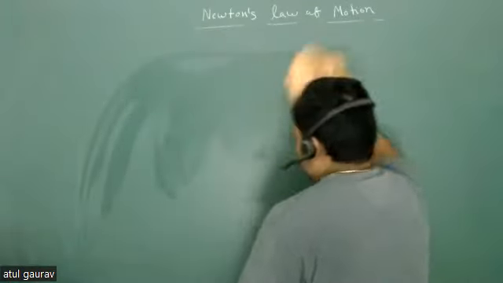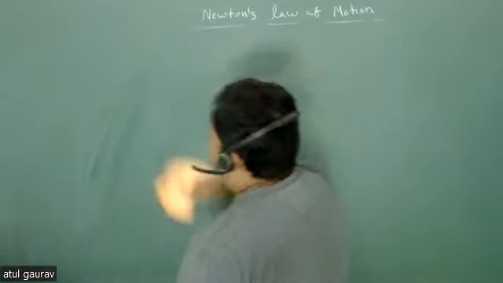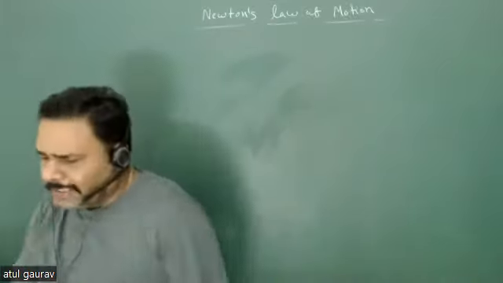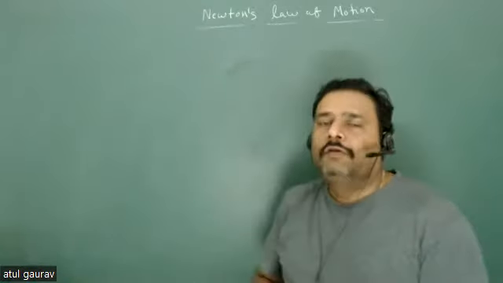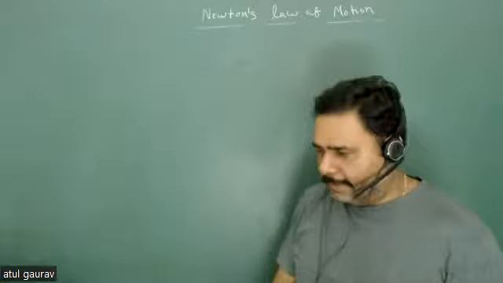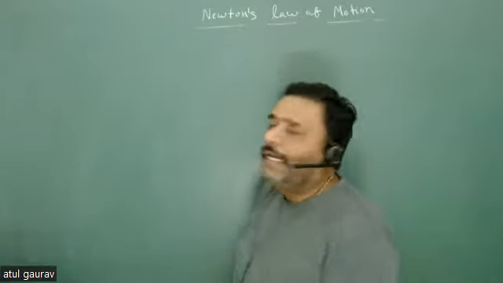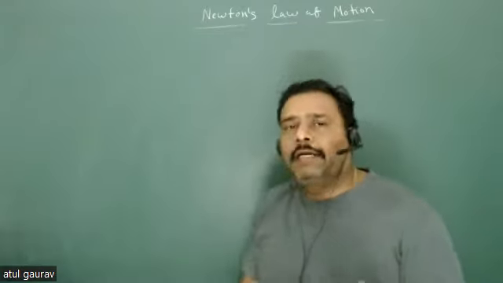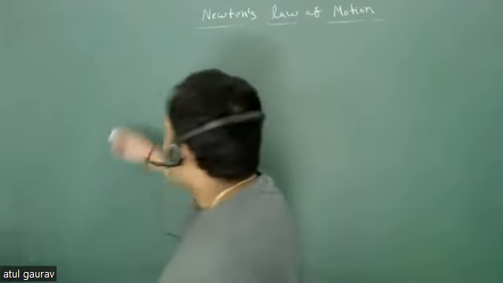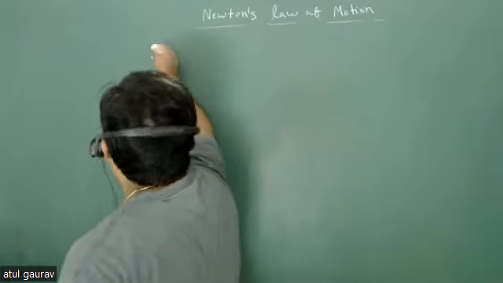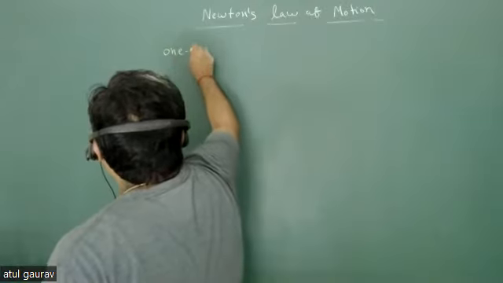Force is equal to rate of change of momentum. Exactly, force is equal to rate of change of momentum. Okay, so I am not going for the law right now, I will go for the law in the next class, or maybe after the next class. What we have to do is form a second order differential equation, isn't it? And obviously we are just talking about a one dimensional system, 1D system.